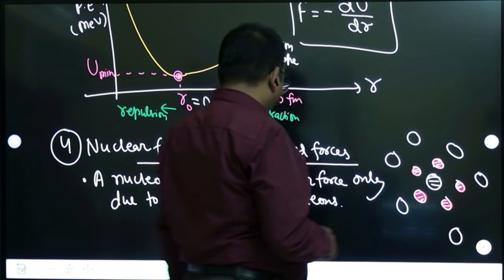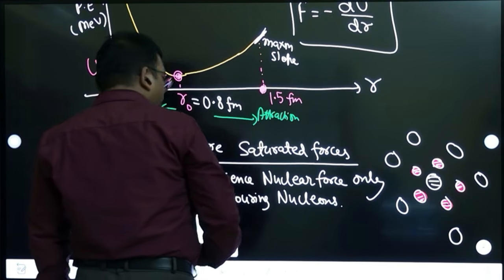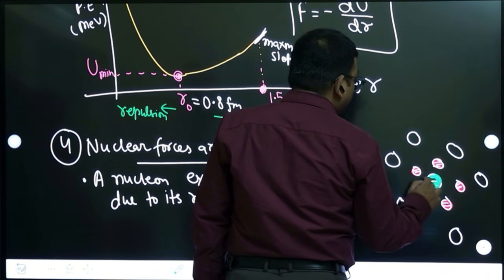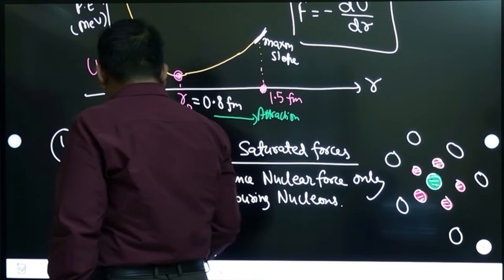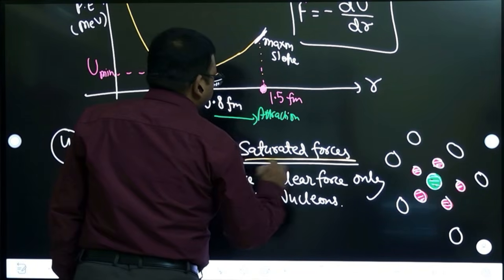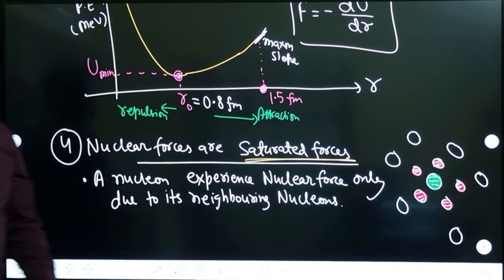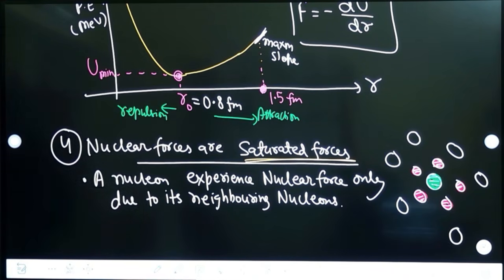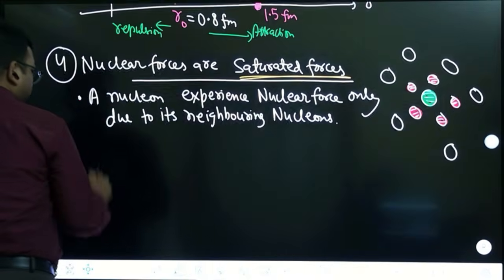These only can affect this nucleon. Other nucleons which are away from it will not affect it. That is why it is called saturated. Saturated means it only depends on the nearby nucleons.